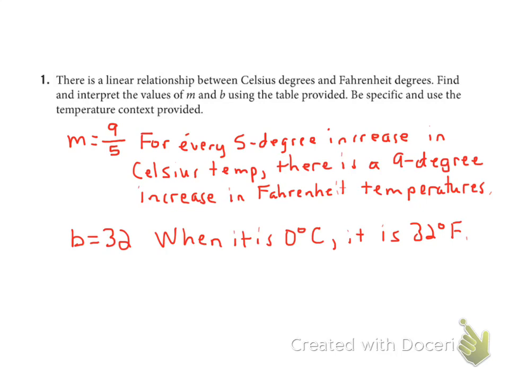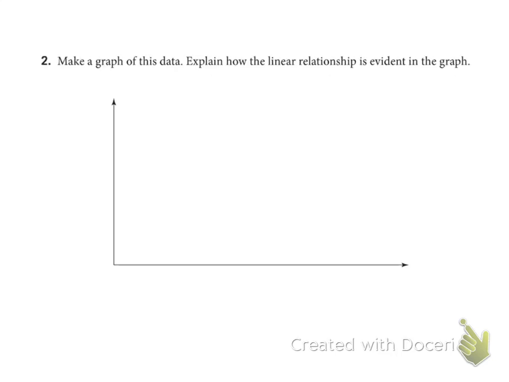Let's go to number 2. Make a graph of this data. Explain how the linear relationship is evident in the graph. Okay, so what will we have across the bottom? Celsius. Good, Celsius temperatures. So on the side then will be Fahrenheit.